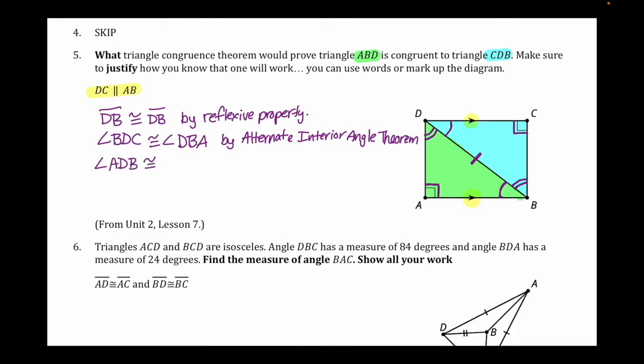It's going to be congruent to angle CBD. And we can say by triangle angle sum theorem.